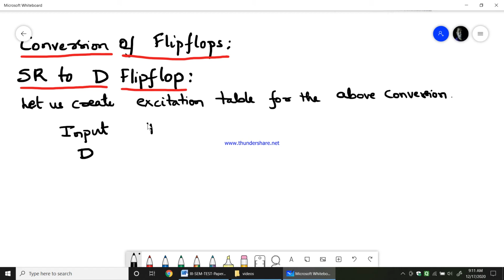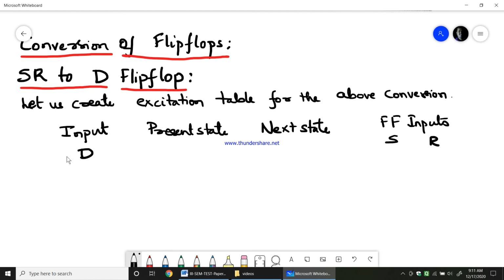Then you will have a present state and next state. Then you will put the flip-flop inputs of the flip-flop which you are using to convert, which is the SR flip-flop.